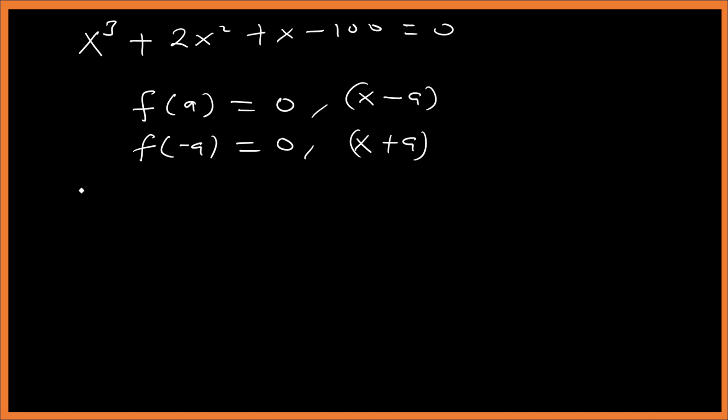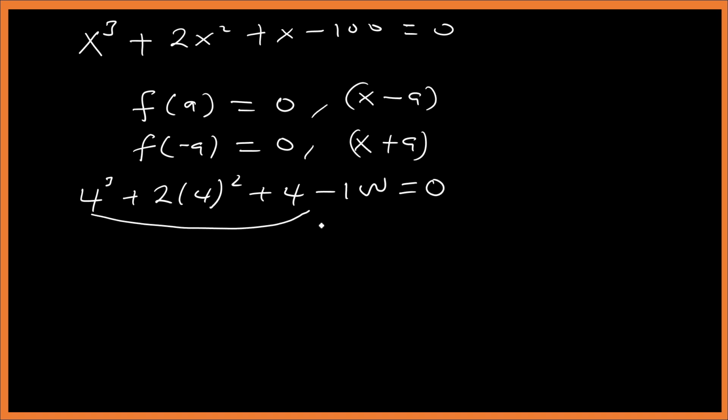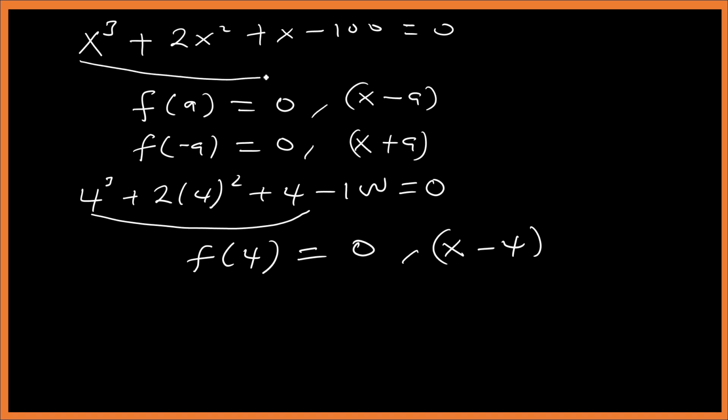Okay, you plug in 4: 4 cubed plus 2 times 4 squared plus 4 minus 100 will give you 0. So this side is 100 minus 100. It means f of 4 equals 0. Therefore, x minus 4 is a factor. Okay, so once x minus 4 is a factor, we are going to divide this one by the factor.